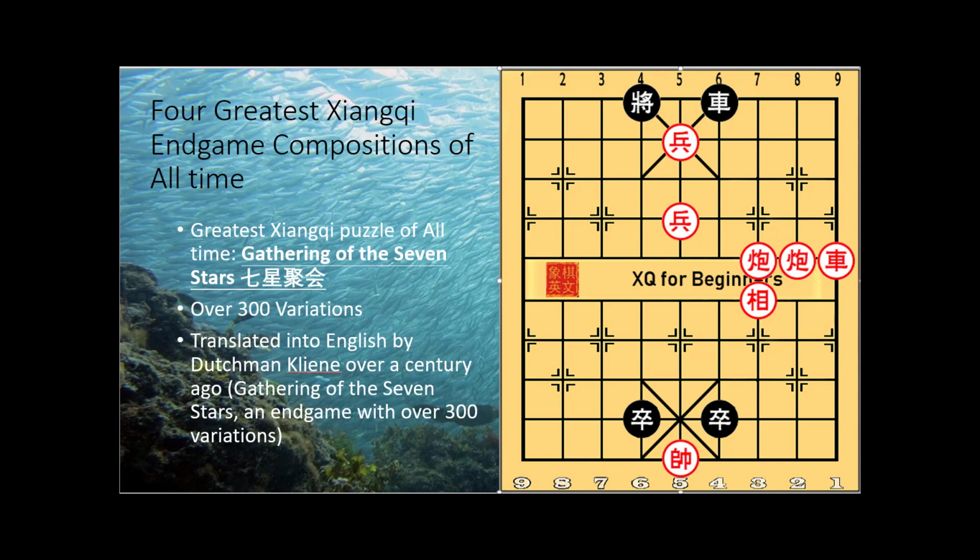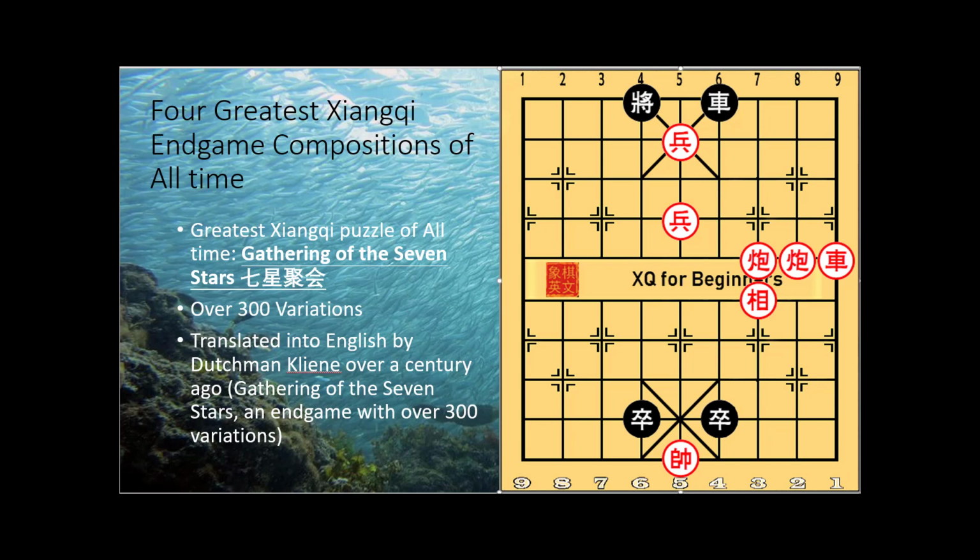The Gathering of the Seven Stars is perhaps the greatest Xiangqi endgame composition of all time. It has over 300 variations, and it also has some historical value and importance.